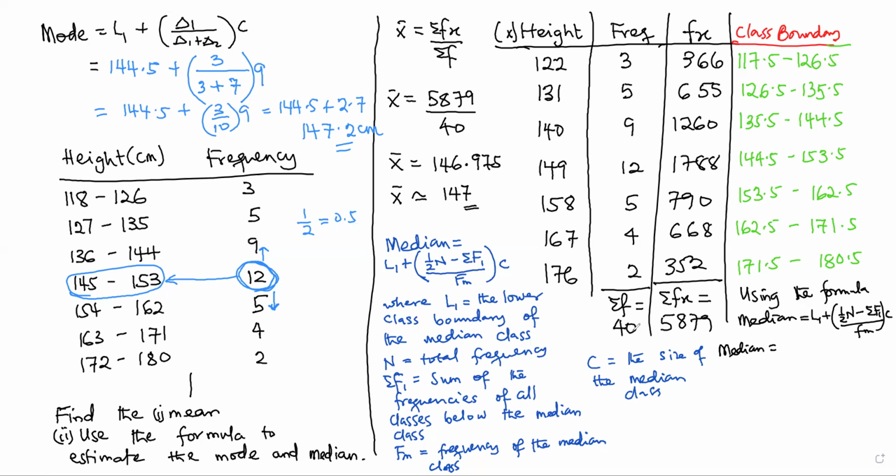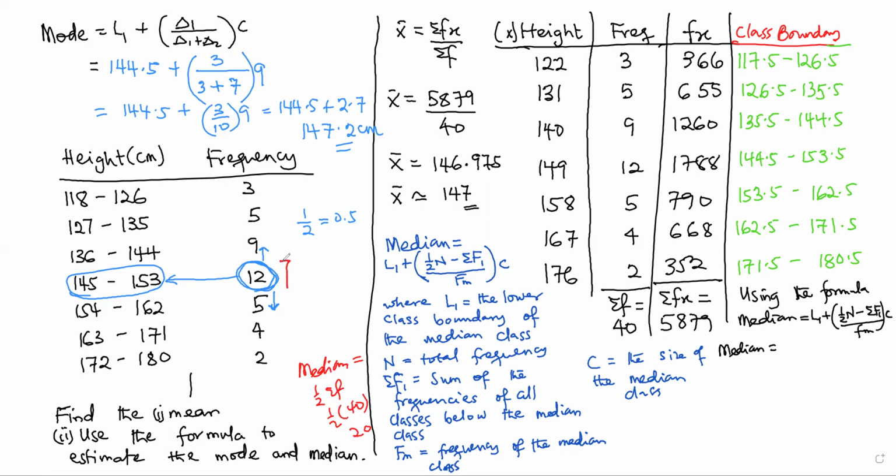Half of 40, okay? Because the median is half summation of F. So half of 40, we are getting 20. So you sum the frequency and see where you can locate 20. So 3 plus 5, we are getting 8, okay? 8 plus 9, we are getting 17. 17 plus 12, we are getting 29.